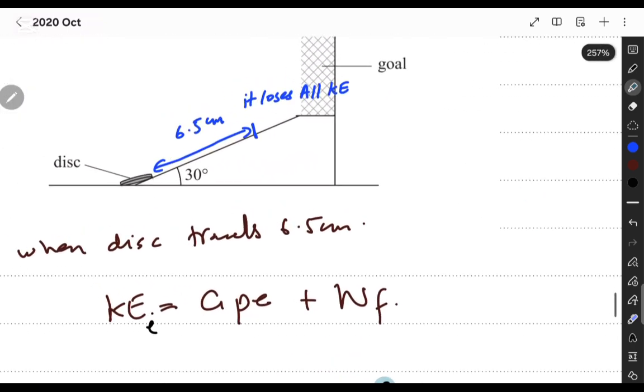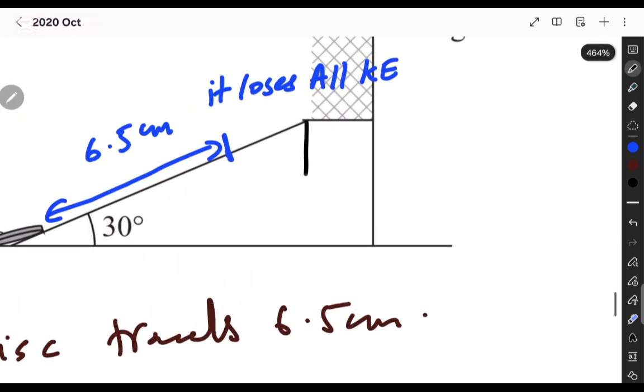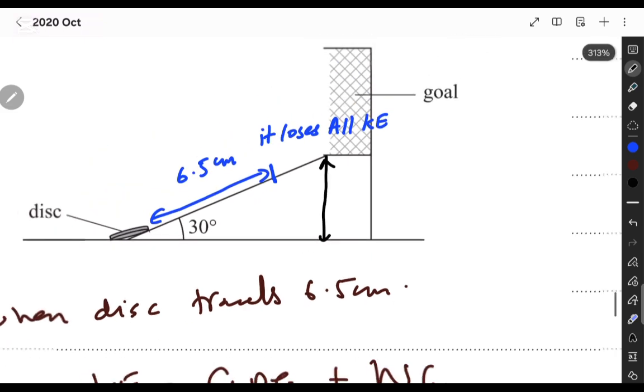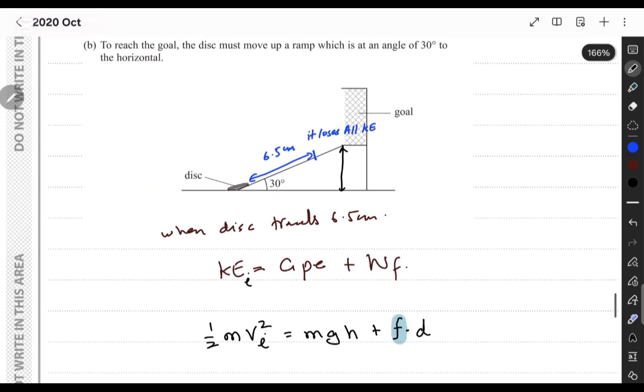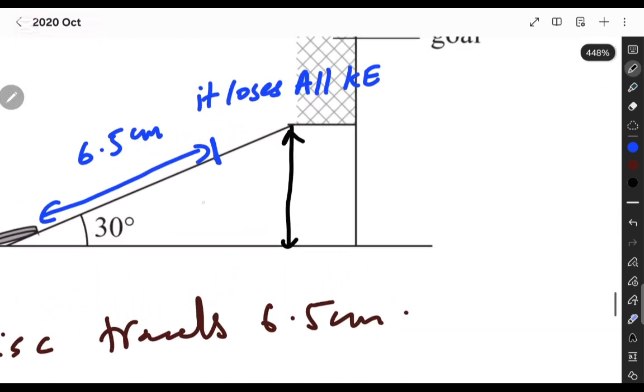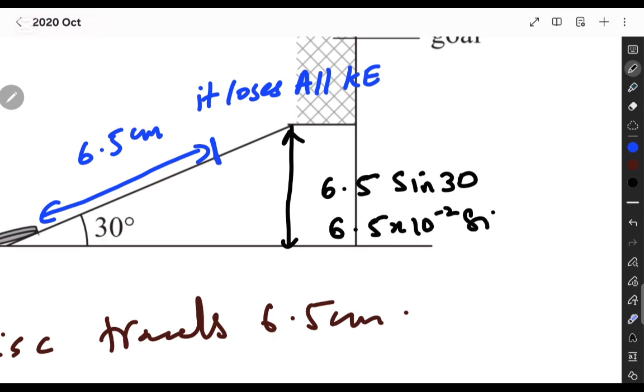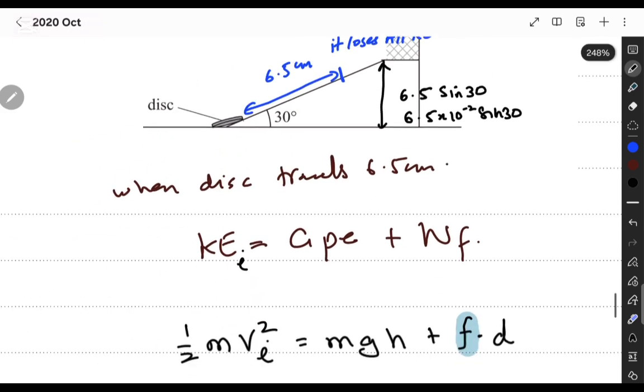Now first I need to find this vertical height, because for mgh I'm going to need that vertical height right there, and that's going to be 6.5 times sine 30. I can further write it as 6.5 times 10 to the power of minus 2, times sine 30. So that's going to be the vertical height.